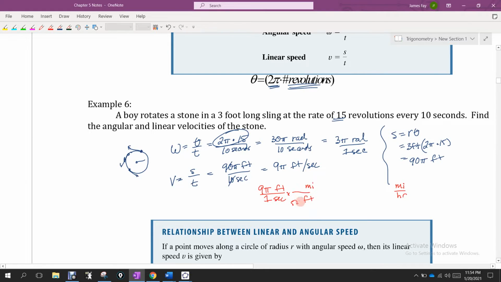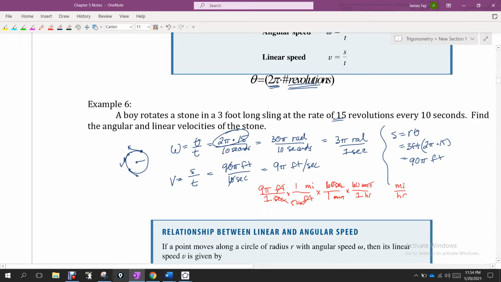So we know 5,260 feet for every 1 mile. So feet will cancel. And now let's get seconds into hours. So we know that 60 seconds will equal 1 minute. So seconds cancel out. Times then, 60 minutes for every 1 hour, the minutes will cancel out.